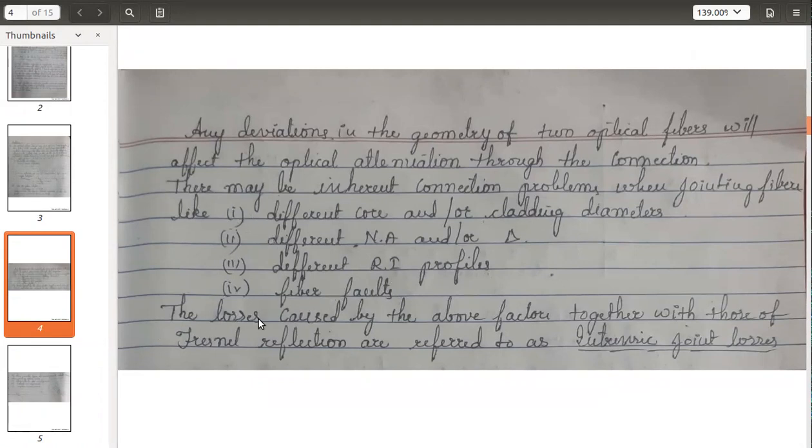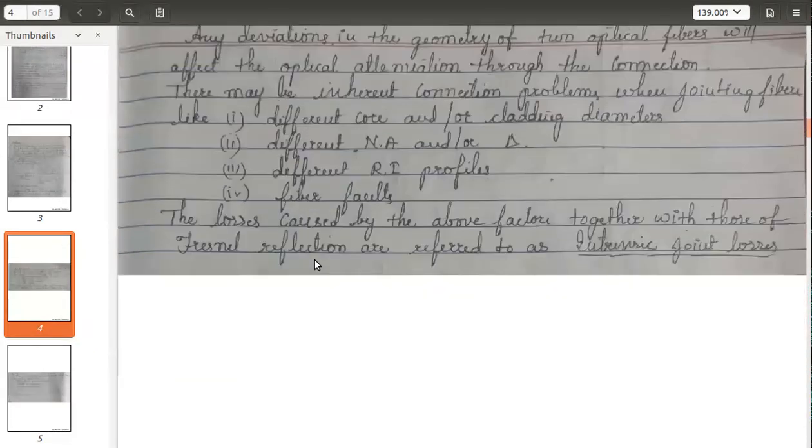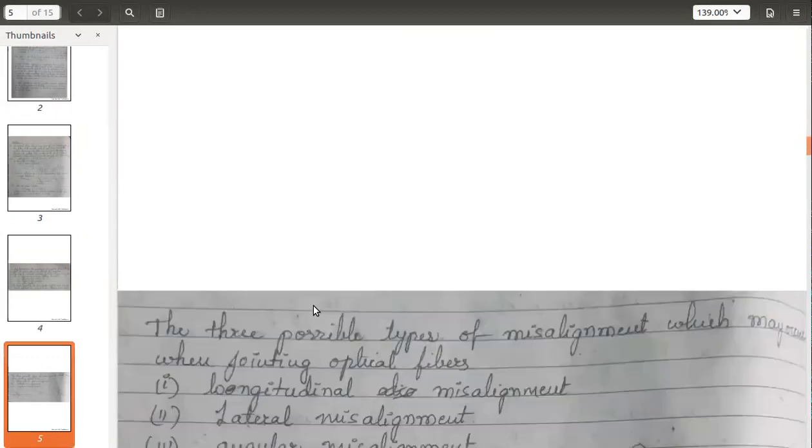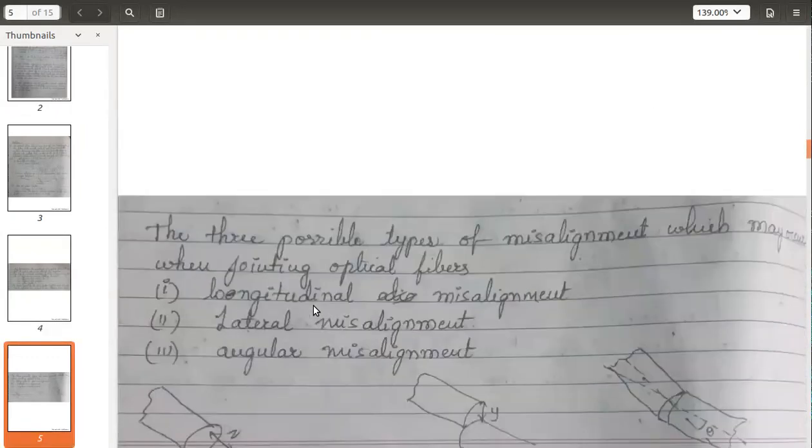Altogether, these four problems, along with Fresnel's reflection, we call intrinsic joint losses. We will be discussing this also. Apart from this, the three misalignments we have seen, we call extrinsic losses.